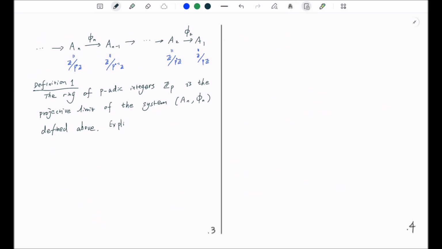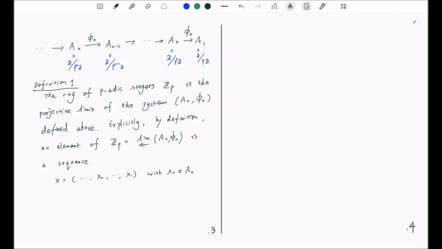Explicitly, by definition, an element of the projective limit is a sequence. We use this notation to denote the projective limit of this system A_n, phi_n. And an element of this projective limit is a sequence x with infinitely many components, all the way down to x_1, where x_n is an element in A_n.